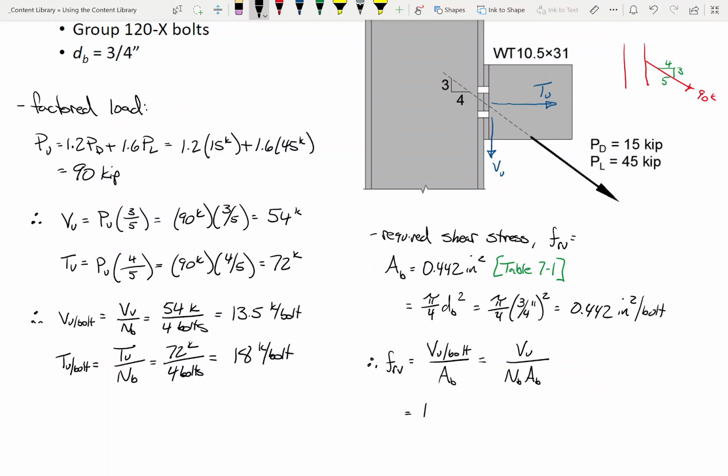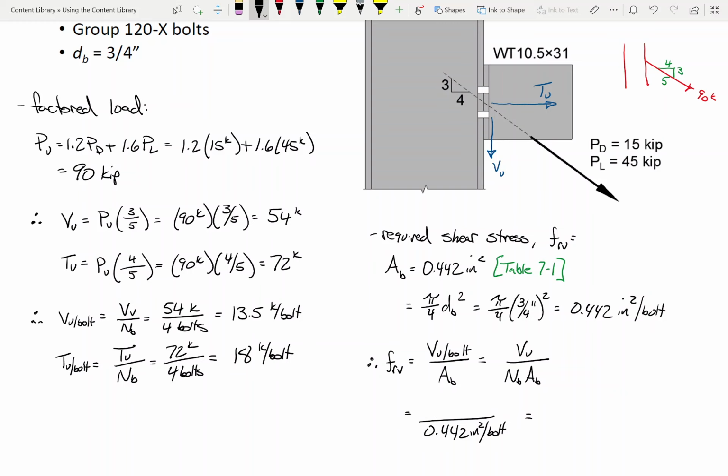So this is 18 kips per bolt divided by 0.442 inches squared per bolt. Oh, you're right, you're right. Thank you.